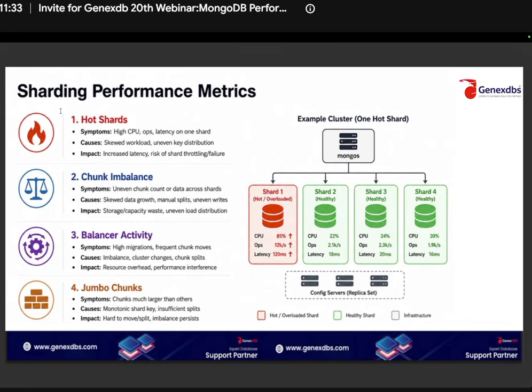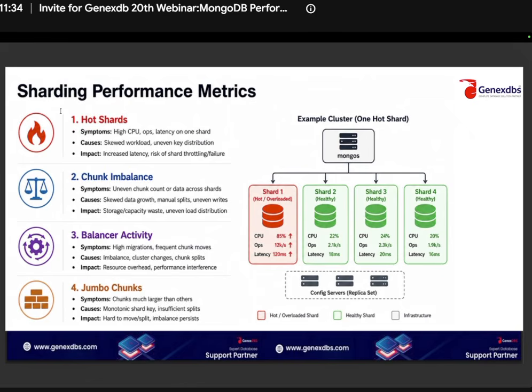Next, another set of metrics: MongoDB sharding performance metrics. Sharding enables MongoDB to scale horizontally by distributing the data among the different shards. So sharding provides high availability and high scalability.